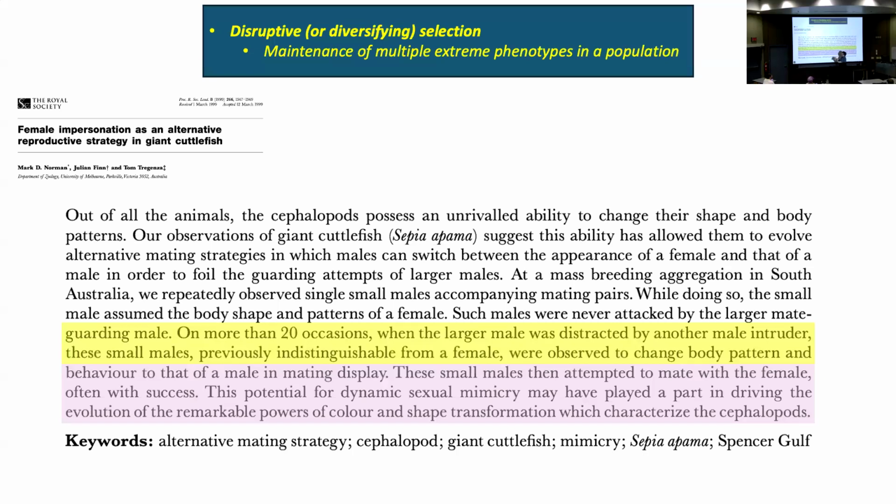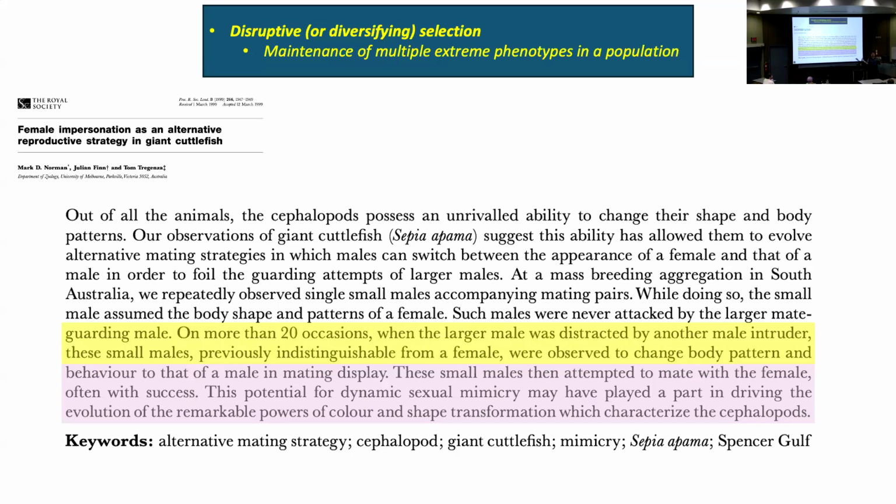And that's what we mean as disruptive selection or diversifying selection. These two morphs end up creating opportunities which maintain both in the population. This is also why we think we have egg and sperm, or male and female in sexually reproducing animals, that's another example of diversifying selection.